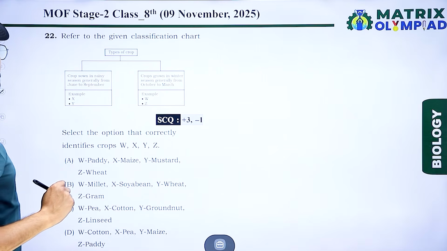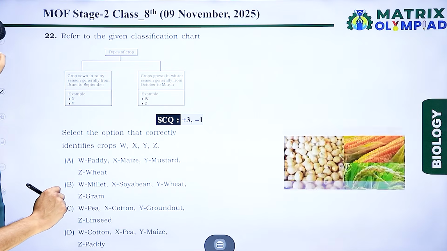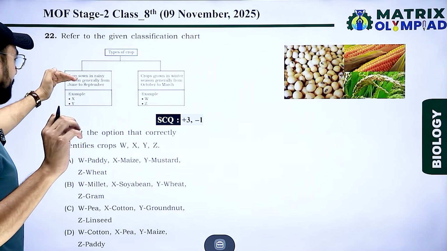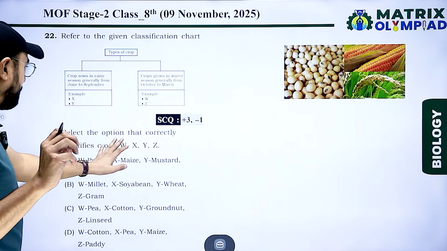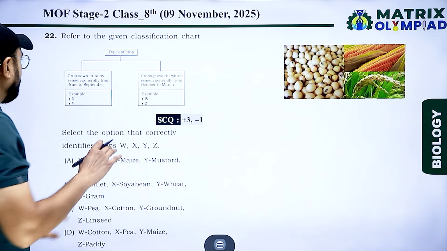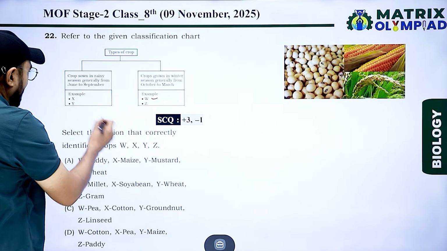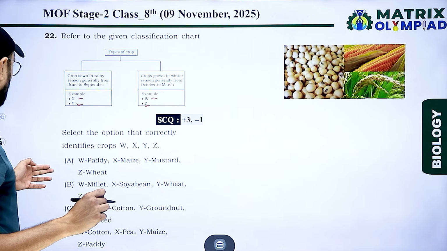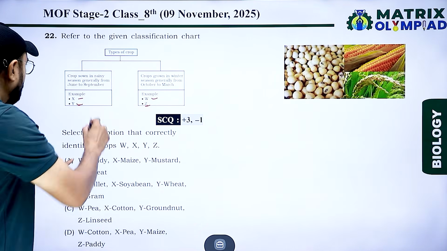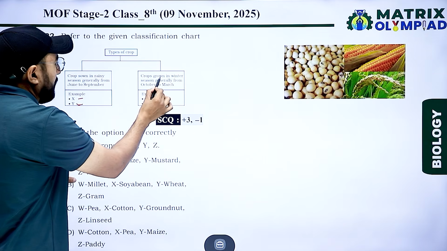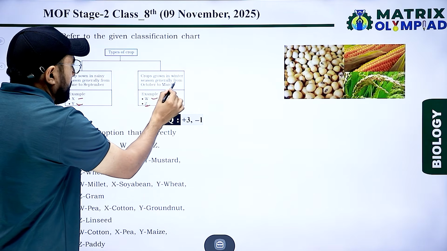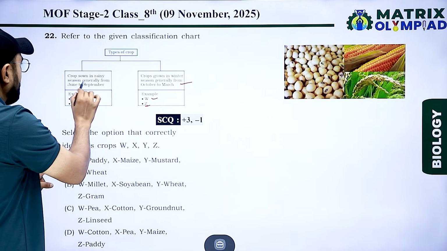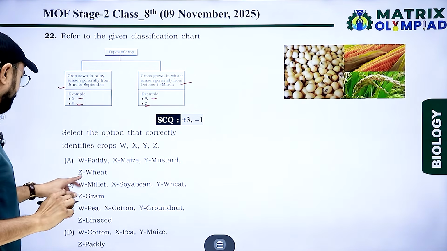Next. Refer to the given classification chart, type of crop. Select the option that correctly identifies crop W, X, Y and Z. Crops grown in the winter season are generally from October to March, and crops in the rainy season from June to September.